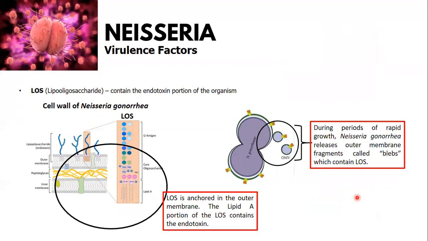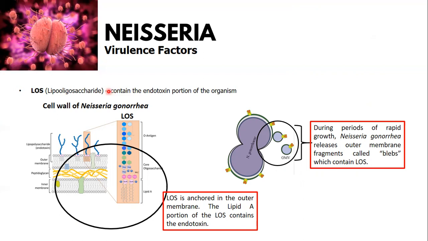Perhaps one of the most important virulence factors produced by pathogenic Neisseria is their LOS, or lipo-oligosaccharide, which is similar to the lipopolysaccharides of other gram-negative bacteria, simply because Neisseria gonorrhoeae and Neisseria meningitidis are gram-negative.